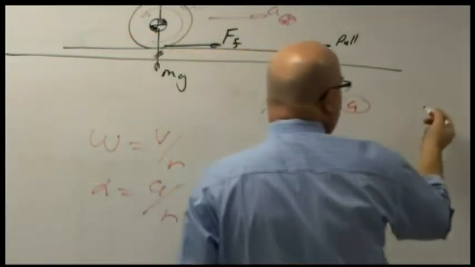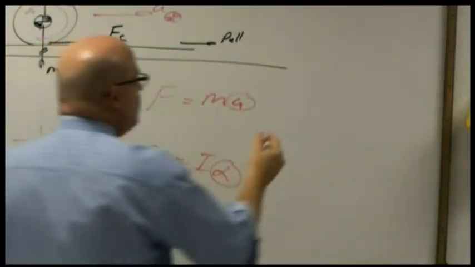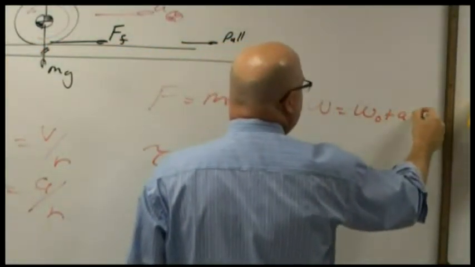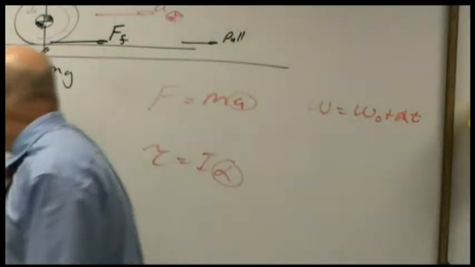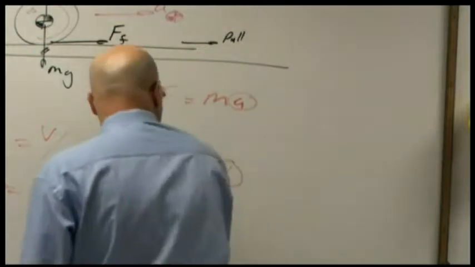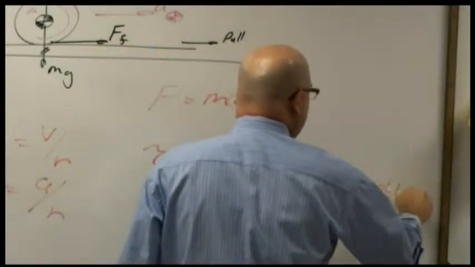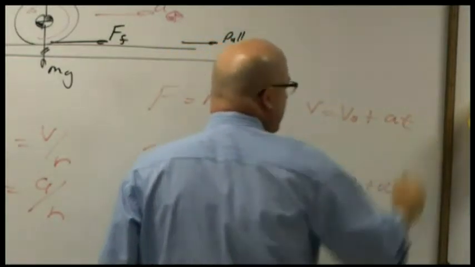Then you would do omega equals omega naught plus alpha t, and v equals v naught plus a t.